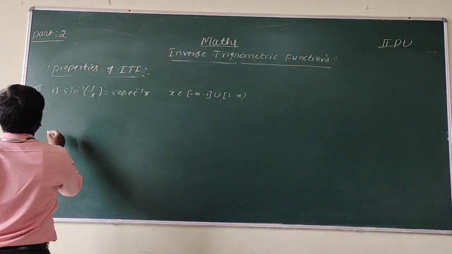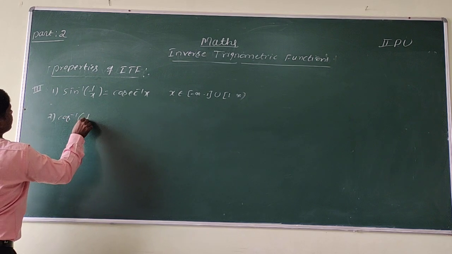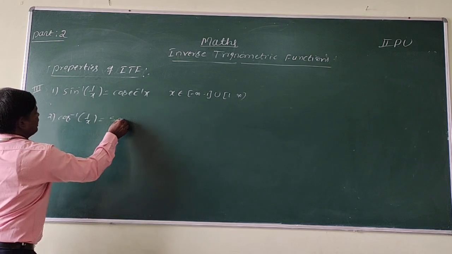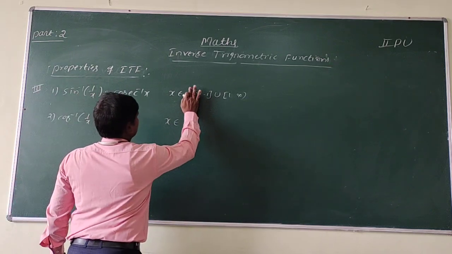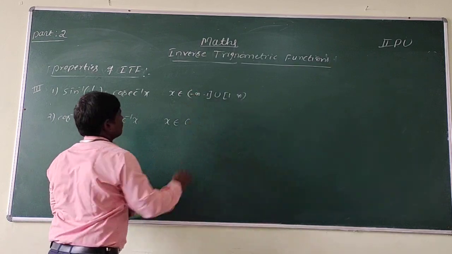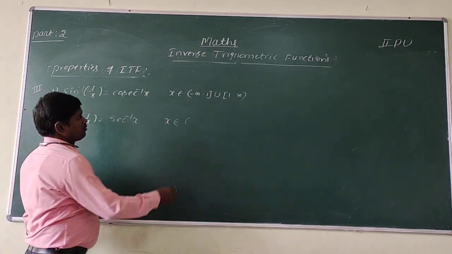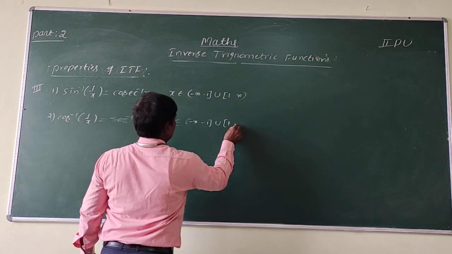Second one is cos inverse of 1 by x is equal to secant inverse of x. So x belongs to the same interval. Here we are taking open brackets, since infinity is not a number.